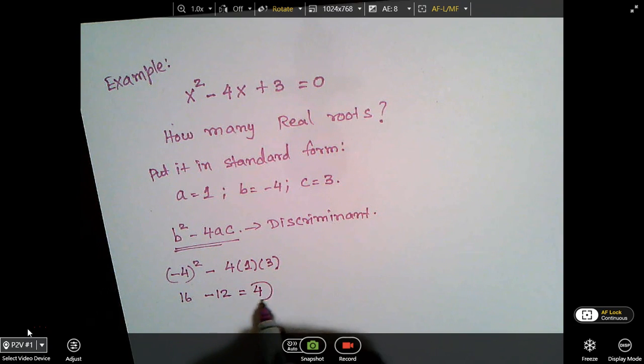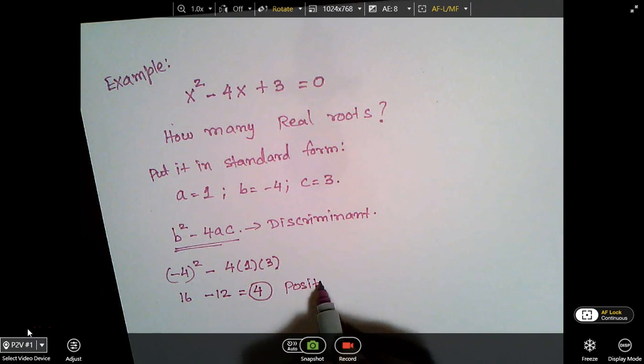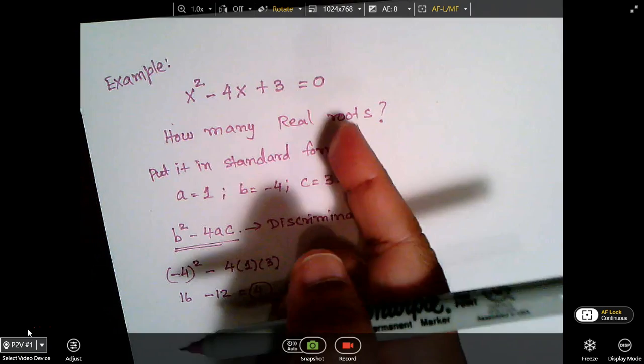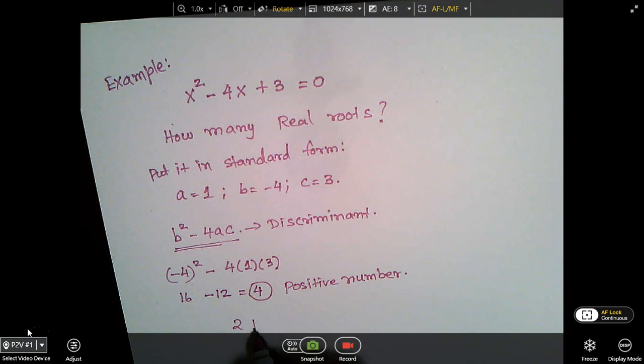This is a positive number. That means when you solve this equation, you will end up with 2 real roots.